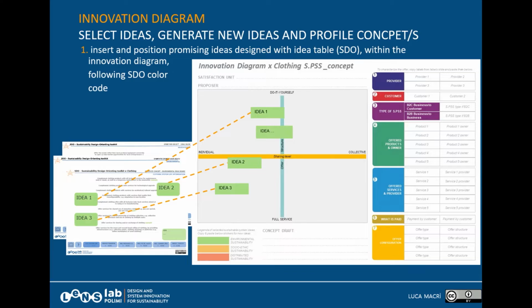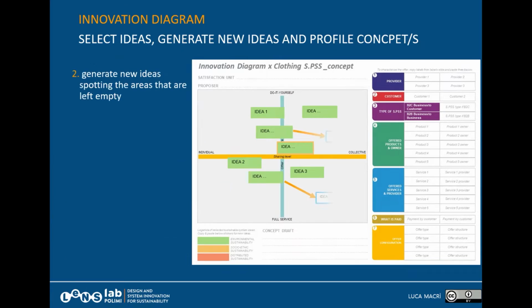You copy the ideas that were there and you paste those in the polarity diagram, looking obviously at the coordinates that you think are the most appropriate for the ideas that you select. It's already a selection process. So maybe if you think that at this moment that idea is not interesting anymore, or maybe it can be combined or briefly put into another one, it's a process, so it's cool.